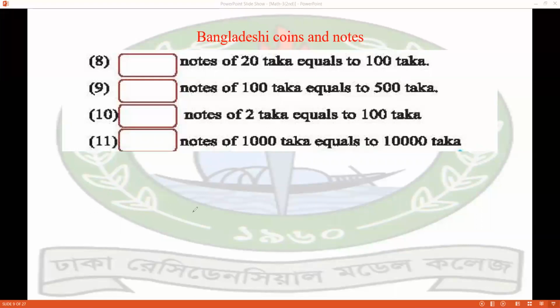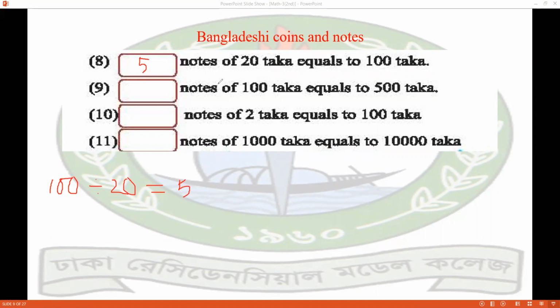Here we have to use division processes because you have to find the number of notes. So you have to divide 100 divided by 20. You will get the answer 5. So we have to write here the 5. 5 notes of 20 taka is equal to 100 taka.